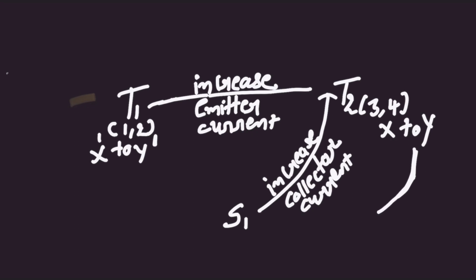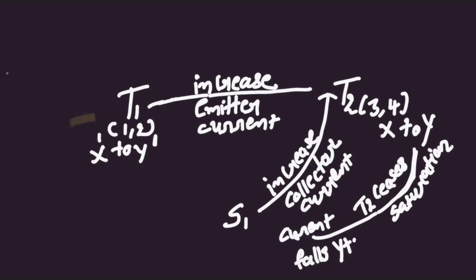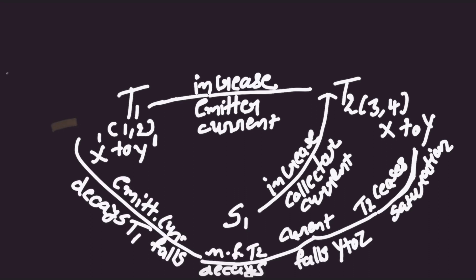When collector current reaches the value Y, the transistor will be in saturated state. So no current will flow through collector after that. There will be no feedback from T2 to T1, and hence emitter current starts to fall. And so collector current also decreases from Y to Z. When collector current decreases from Y to Z, the magnetic field around T2 also decays.